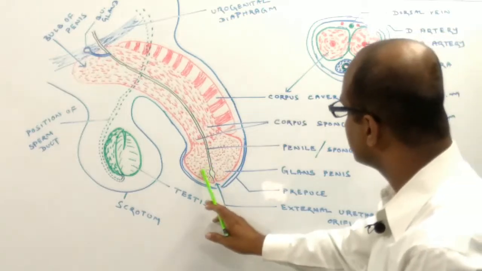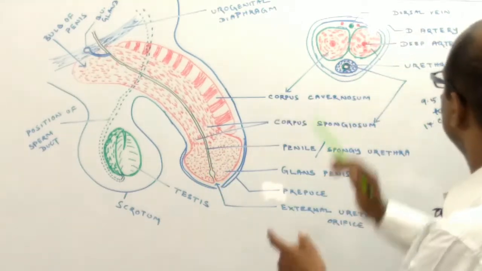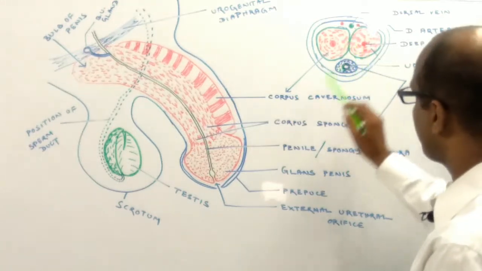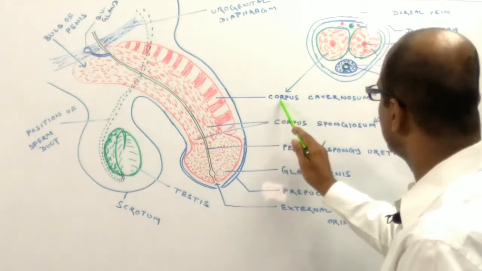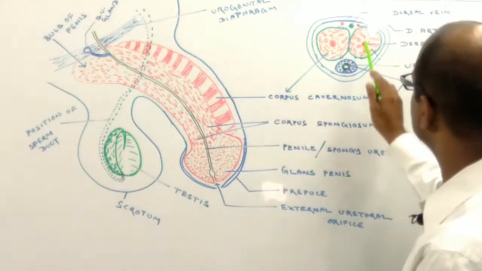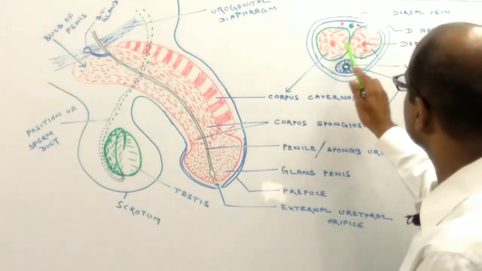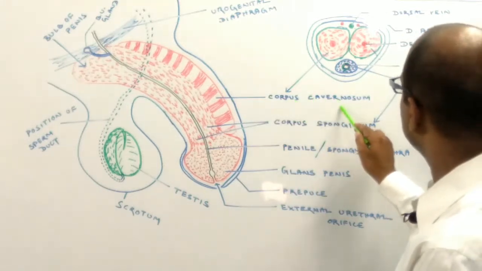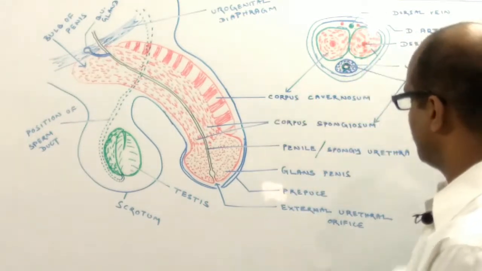Internally, the penis has three erectile muscles. The paired erectile muscle is known as corpus cavernosum, which is present at the dorsal side. Deep to the corpus cavernosum, there is the artery.